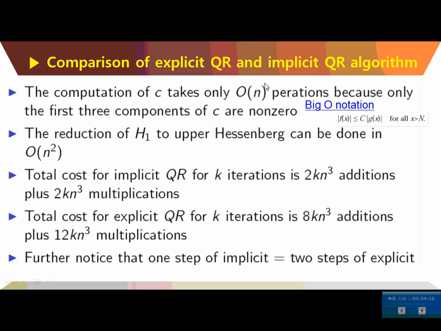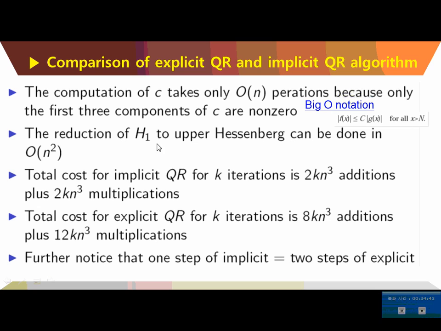This is the big O notation that you already know: f of x is O of g of x if there exists a constant c such that the absolute value of f is less than c times g for all n bigger than capital N.